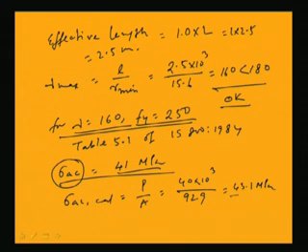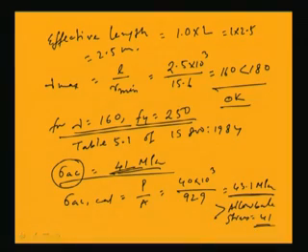Now, calculated stress or developed stress is 43.1 MPa and allowable stress is 41 MPa. That means, this is greater than the allowable stress. So, the design is unsafe because allowable stress is 41 and developed stress is coming 43.1 MPa.